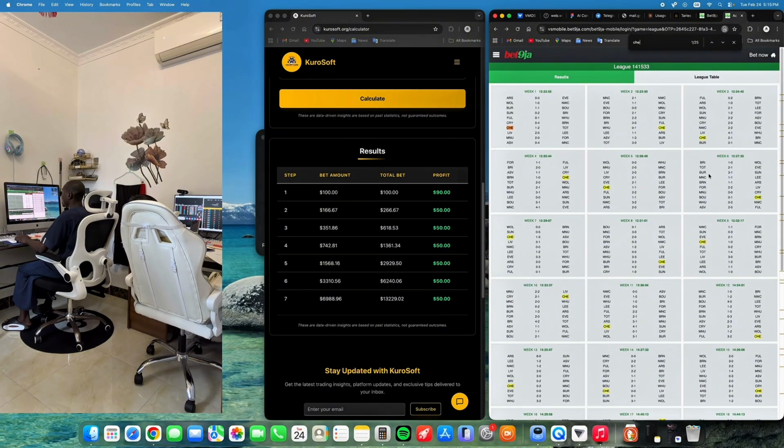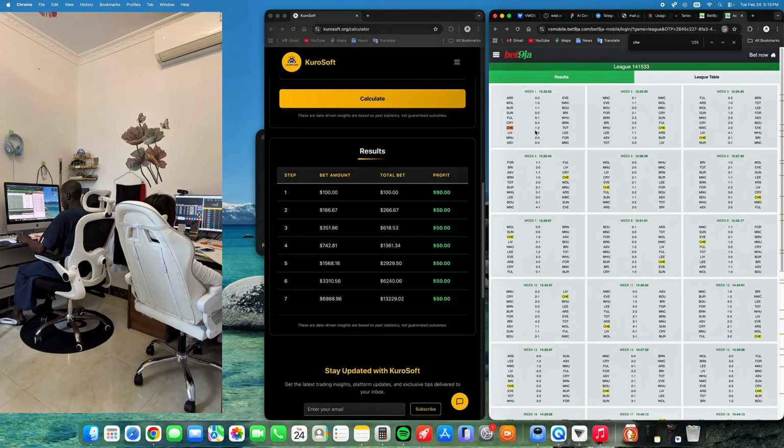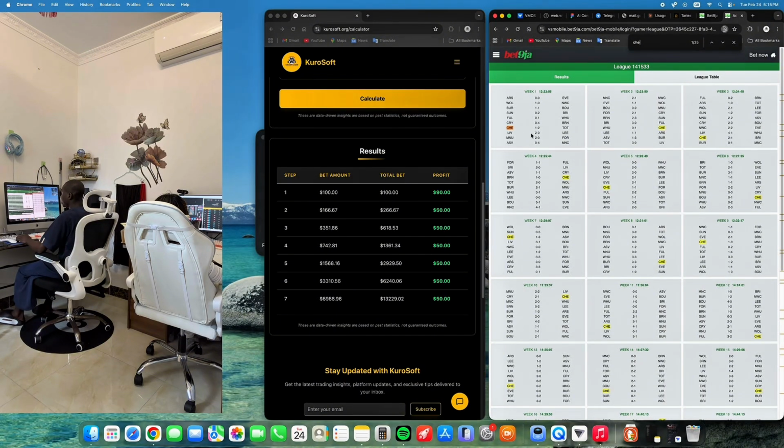Everywhere that is marked in yellow is Chelsea. On the first one, you can see that Chelsea played over 1.5 goals. In total, it's not just from Chelsea, the total match they played over 1.5 goals. So it's a win for you. This one they failed, so you move to number two of the calculation.